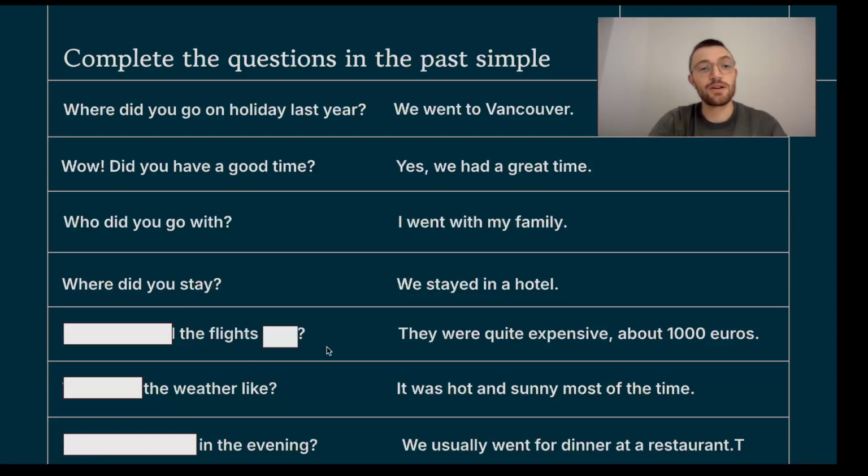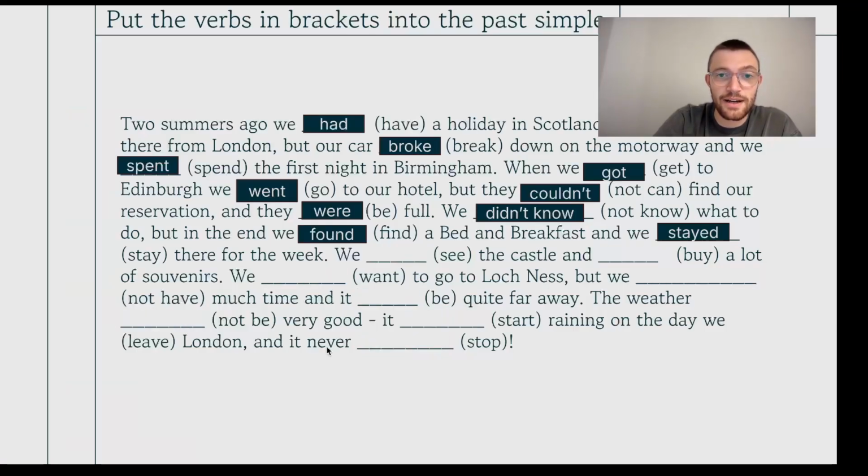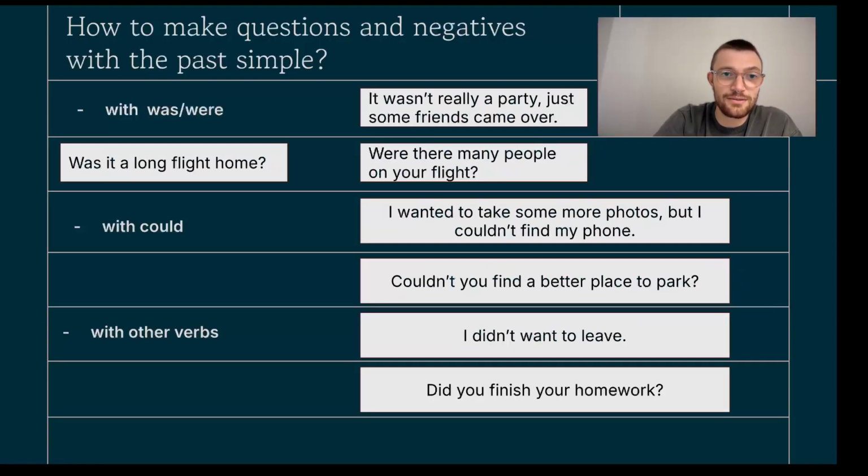There we go. If we look back at my other questions, I have to go back a little bit. The questions and negative bits with was and were, they don't have an extra verb, right? Was it a long flight home? Were there many people on your flight? It wasn't really a party. See, to be is a verb that you don't need the auxiliary verb, right?